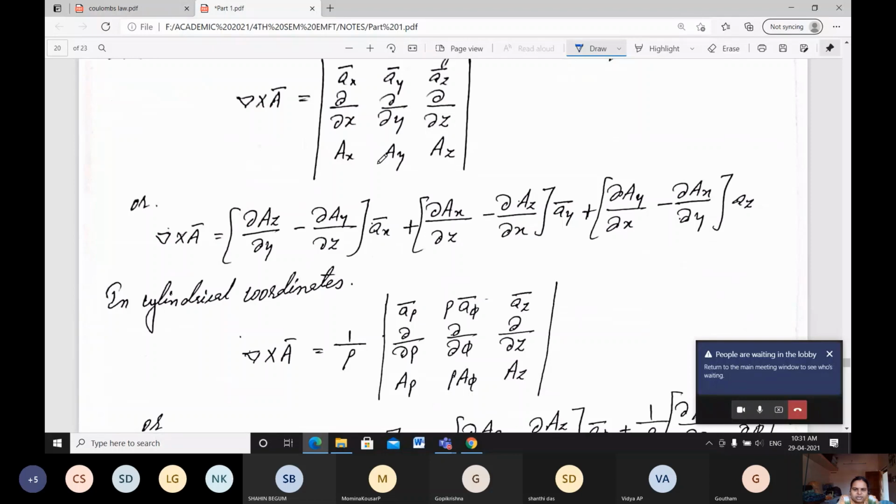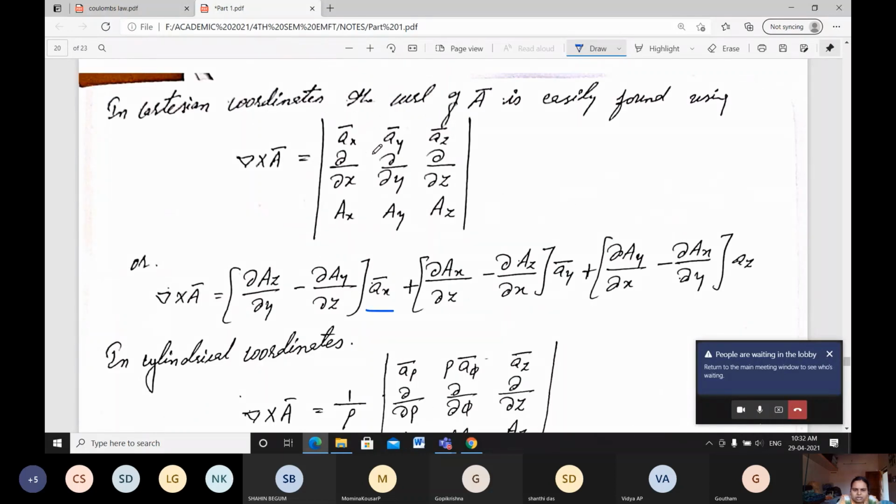Or else you can expand this. Then del cross vector A is going to be dou Az divided by dou y minus dou Ay divided by dou z with the unit vector ax. The same way we find the determinant of a matrix, we have to expand here.